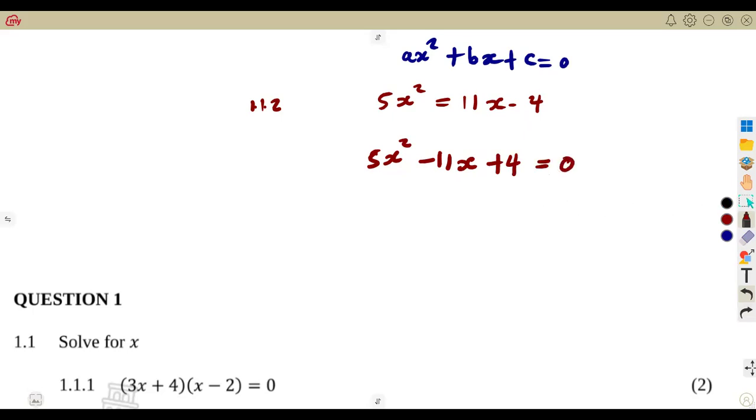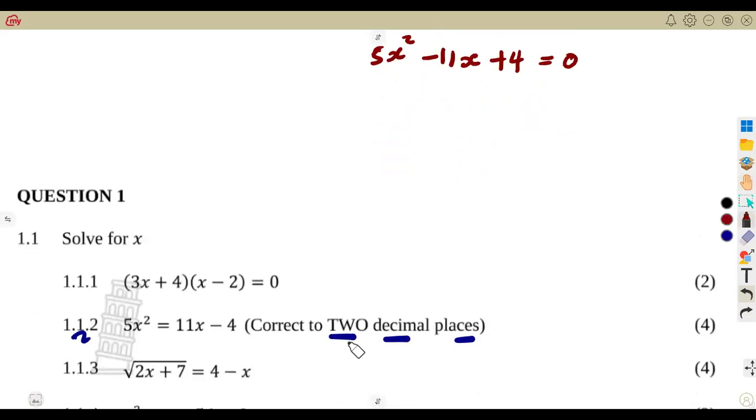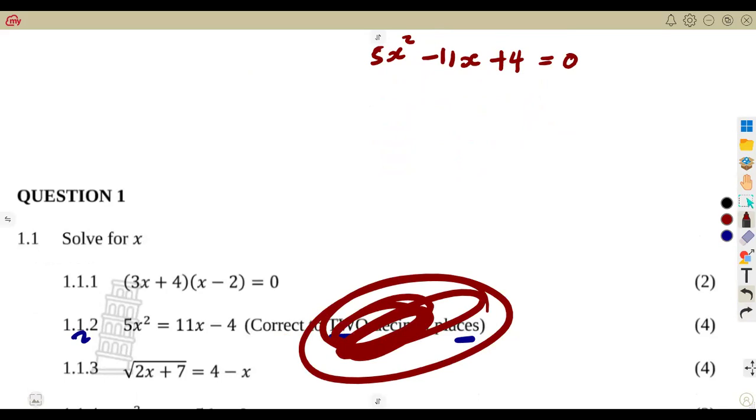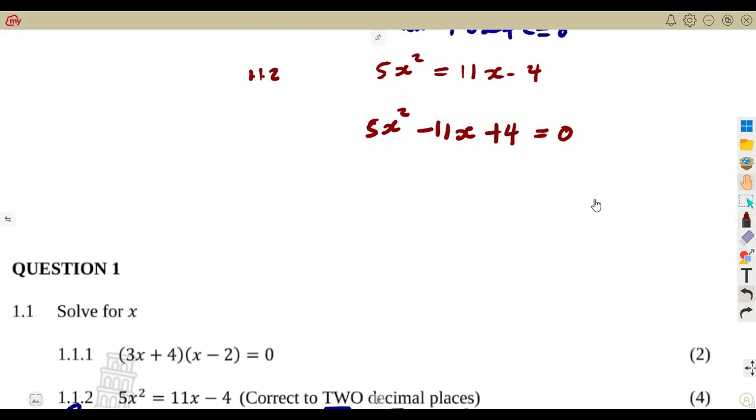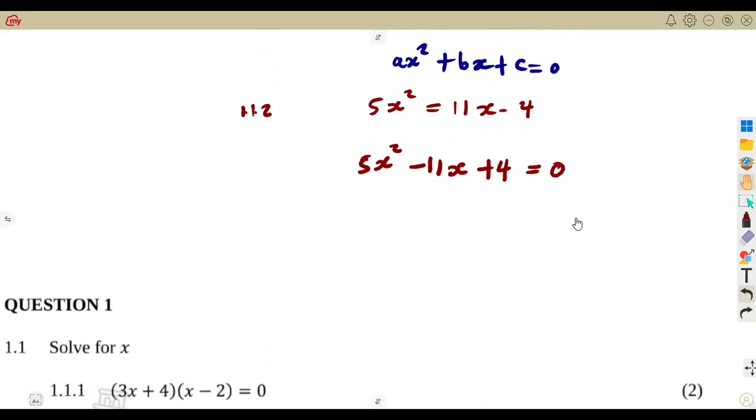Once you are given the instruction of 2 decimal places, guys, or maybe 3 decimal places, whatever instruction you're given in terms of the number of decimal places that you're going to use on your final answer, never waste your time trying to factorize this. This is direct for the quadratic formula or for the completing the square method.